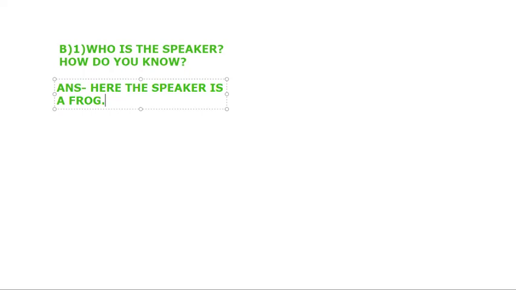Look here in the poem. Look at the last two lines of the first stanza of the poem. With just enough room for a frog alone.